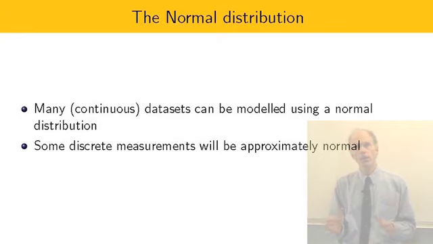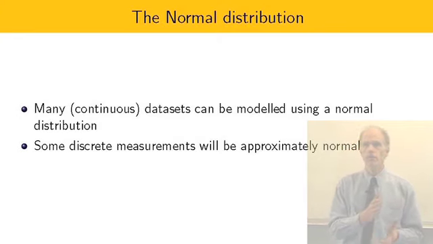So for example, exam marks, which are usually recorded to an integer from 0 to 100, if you have lots and lots of students, you very often get a nice bell-shaped curve from these values. Of course, it's not exactly normal because you don't get values like √2 occurring in exam marks. So it's not precise, but it's good enough for most purposes.